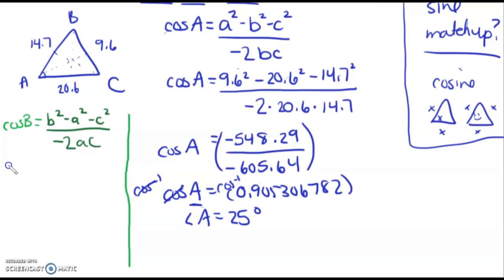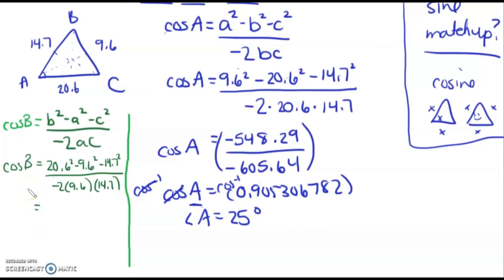So again, we're going to have cos B equals, let's sub in b, 20.6 squared minus a is 9.6 squared, and c is 14.7 squared, all over negative 2 times 9.6 times 14.7.